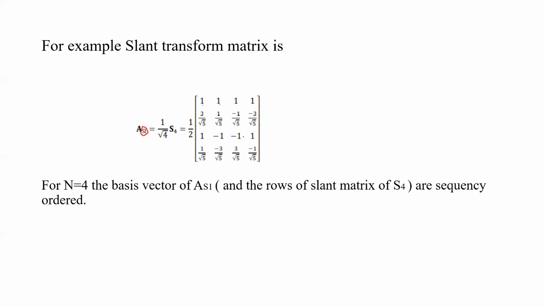Then 1, minus 1, minus 1, 1, and 1 by root 5, minus 3 by root 5, 3 by root 5, minus 1 by root 5. Given it is a 4 by 4 matrix, therefore n is equal to 4. This is a sequentially ordered slant matrix, and the rows of the slant matrix are the basis vectors of S4.